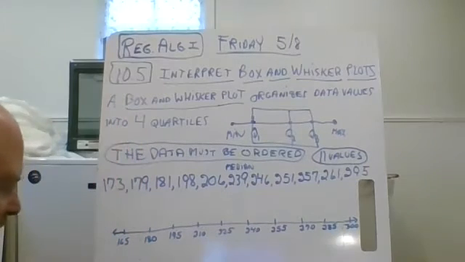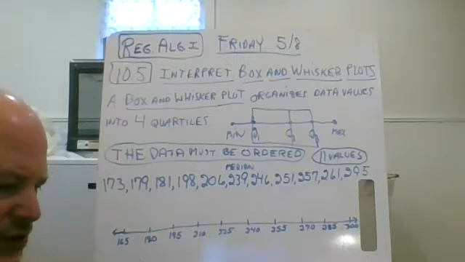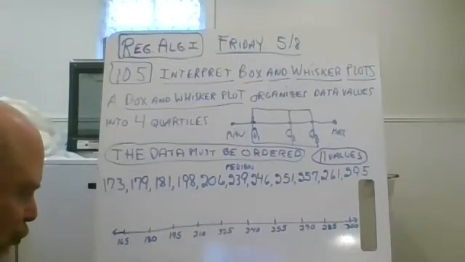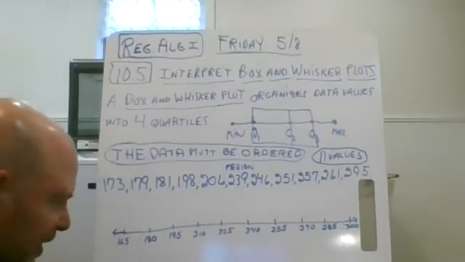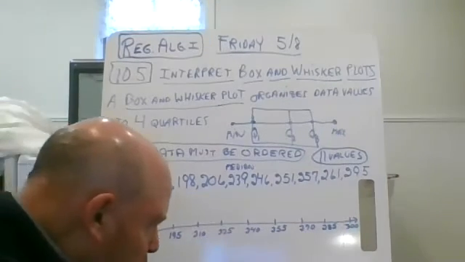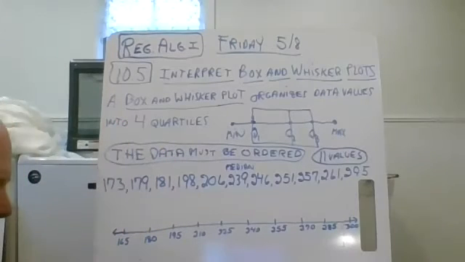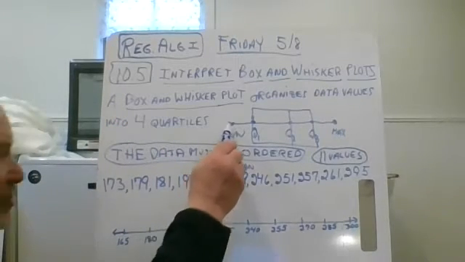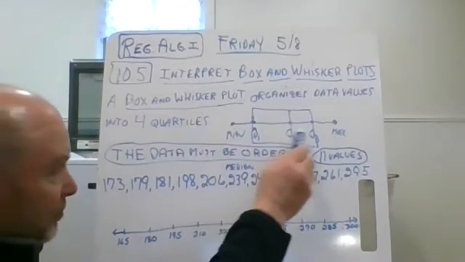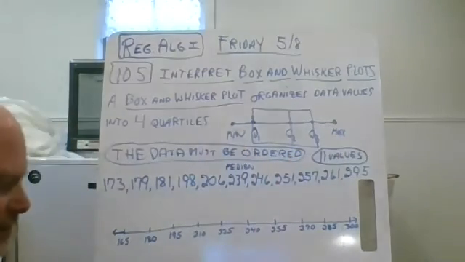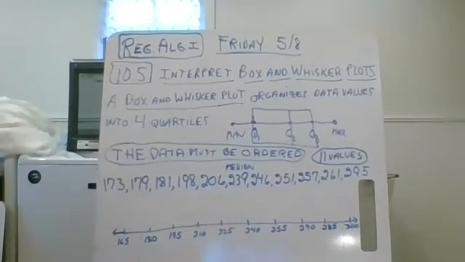So you put the min and the max. You start with 2 points. And then you connect them with the line segment. And that would be this segment up here from the min to the max. And then now we're going to come up with our box.